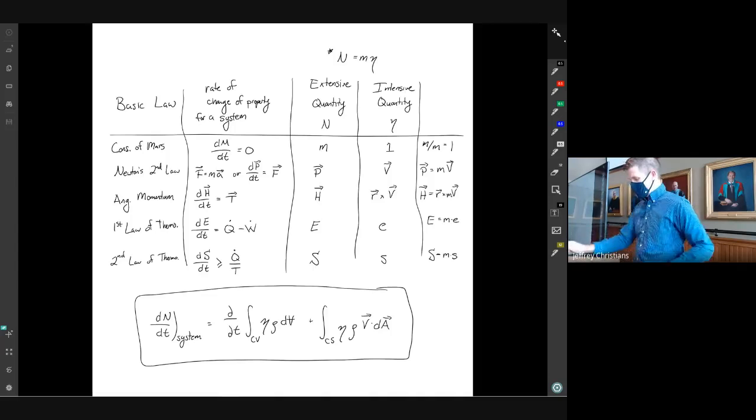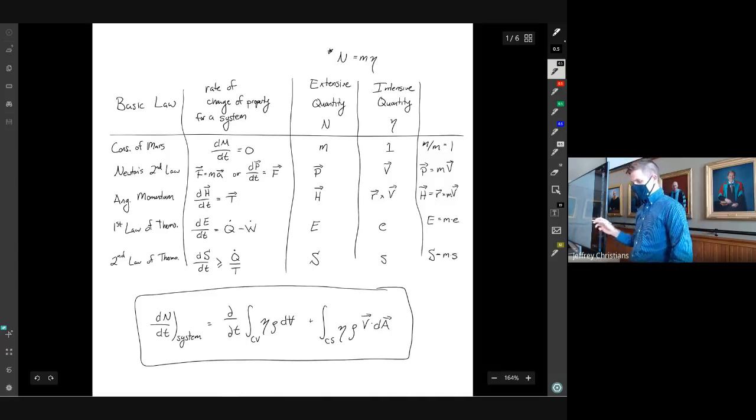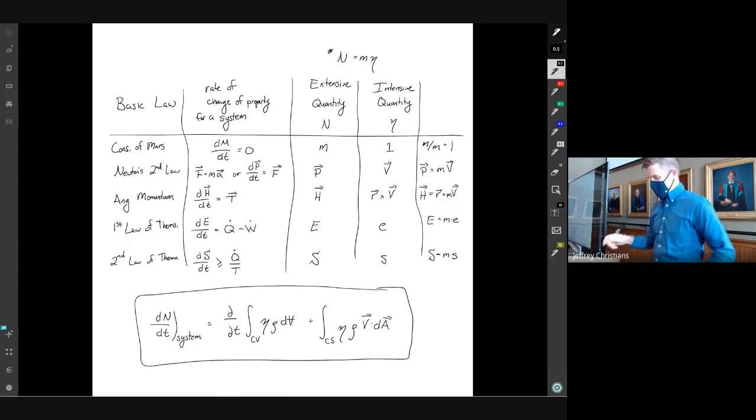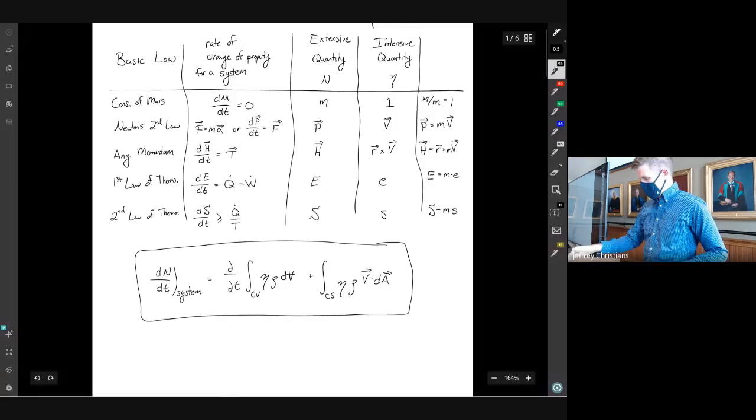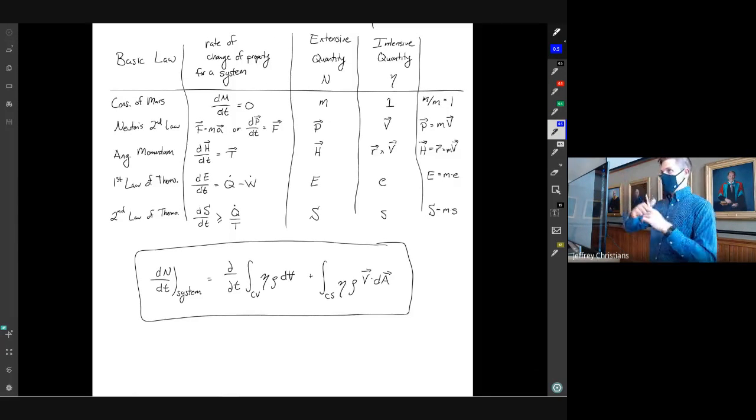What we're going for, and what we're going to dive into a little bit, is this broader framework, where we can look at physical laws that we typically think about for a defined system or a defined mass, and map them into this framework.